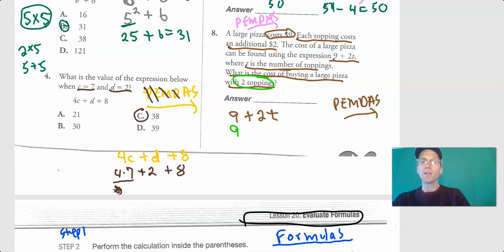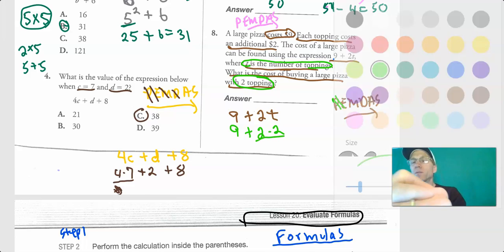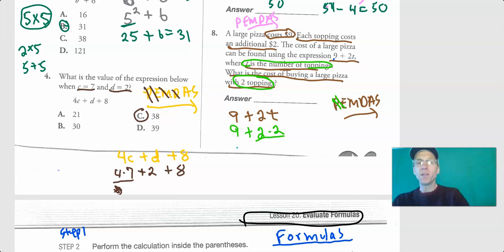So that's 9 plus 2 times, and remember, t is the number of toppings. How many toppings do we have? 2. Use our PEMDAS. We don't have any parentheses or exponents, but we have multiplication, so we'll do this. So that's 9 plus 2 times 2 is 4. That pizza will be $13 for a large.